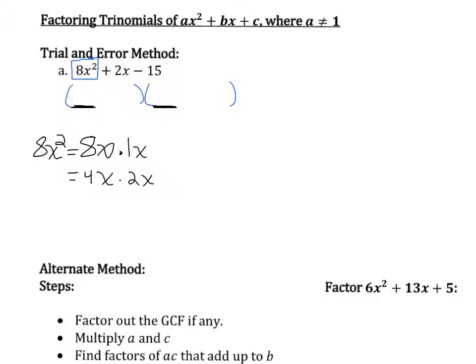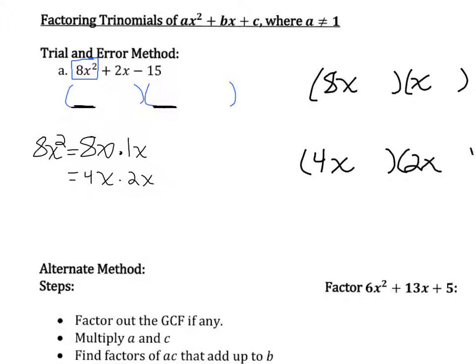I can write 8x here and just a 1x here, or I can write a 4x times a 2x. Notice that when I use my FOIL method, in either of those cases, I'm going to get back to having this 8x squared, which I see right here.